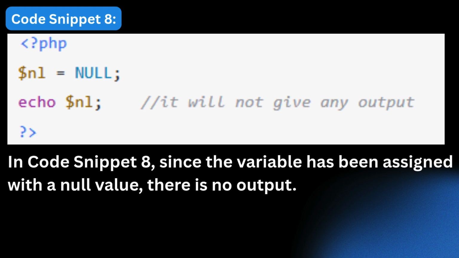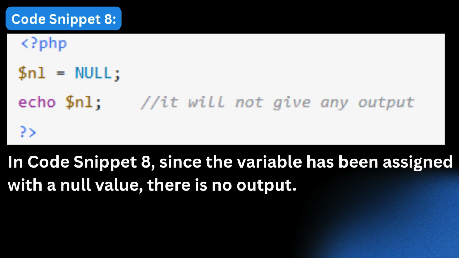This is because null represents the absence of value, not zero, not false, and not even an empty string. It's simply nothing. In PHP, this behavior is intentional. When a variable is null, it tells the program that the variable exists but has not been assigned meaningful data yet. This is different from assigning an empty string because an empty string is still considered a value, just a blank one.